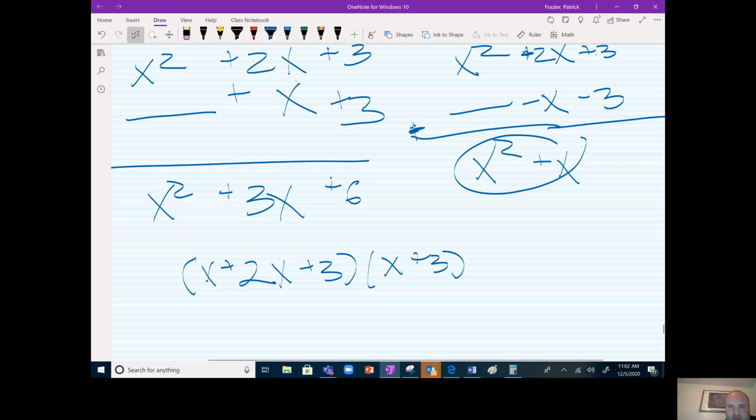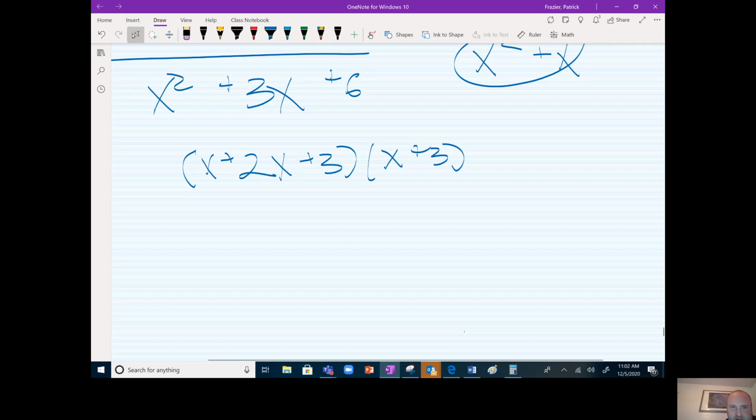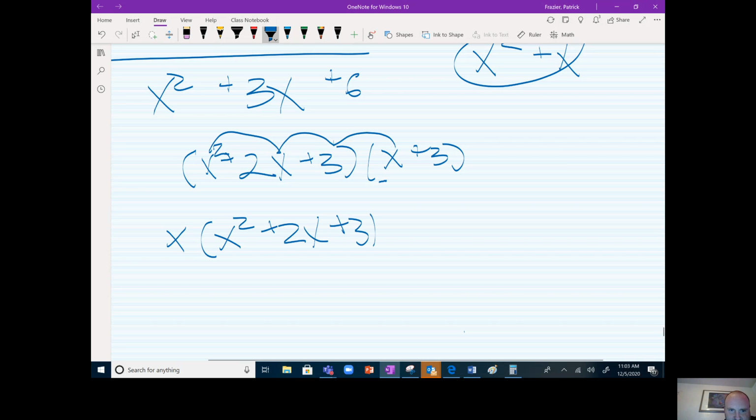So then we have two terms here, so really I'm going to rewrite that as x times, because we're distributing that x to that 3, and then to that 2x, and then to that x squared: x times x squared plus 2x plus 3.